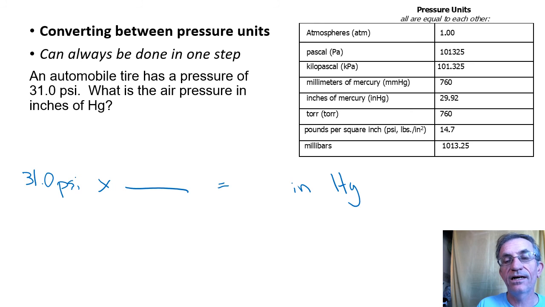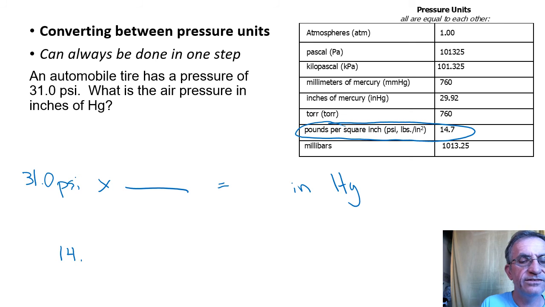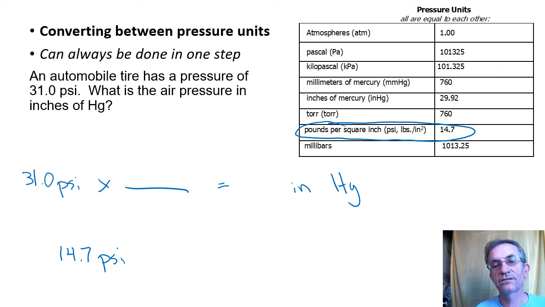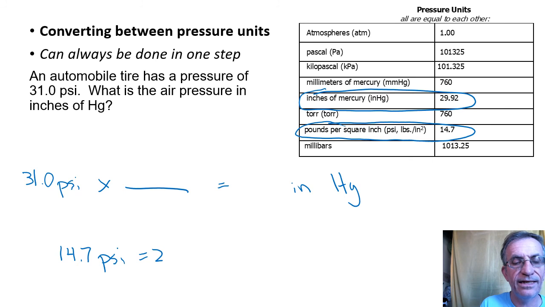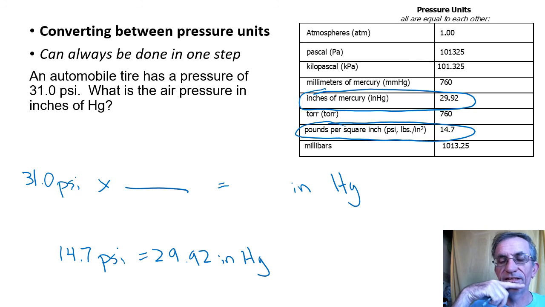We're starting off with PSI, so that'll be 14.7 PSI. And I am trying to convert to inches of mercury, that'll be equal to 29.92 inches of mercury. Let's see if you can help me a little bit with this one.